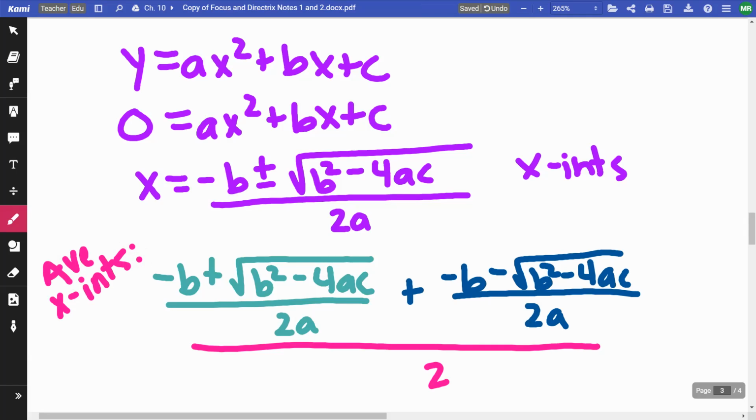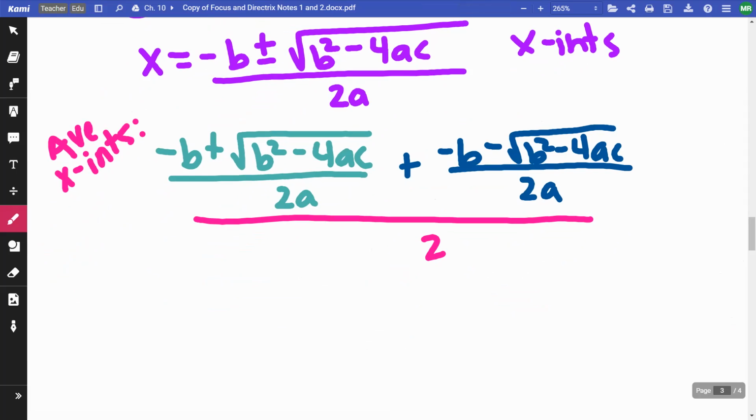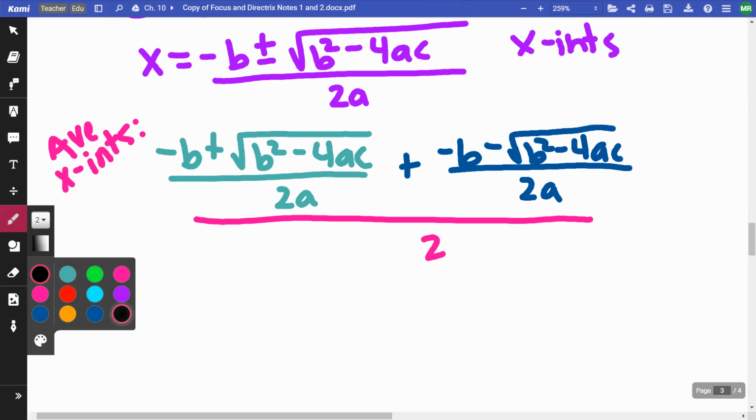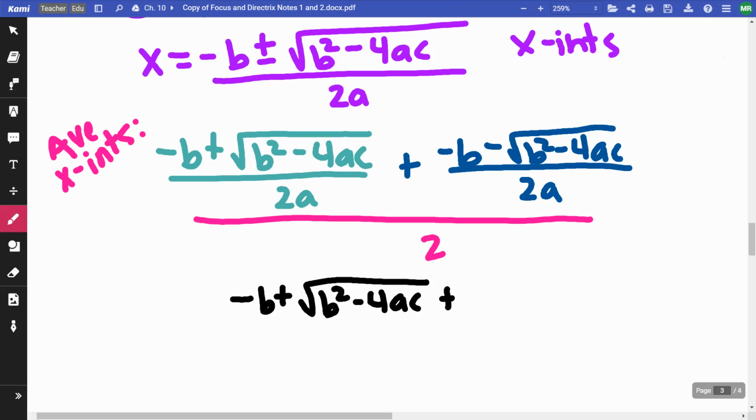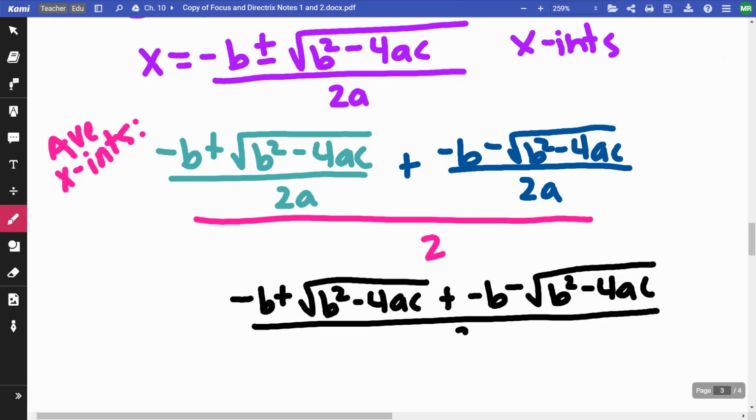Now that doesn't look very nice, but since they're both over 2a, on the top I really could write negative b plus the square root of b squared minus 4ac plus negative b minus the square root of b squared minus 4ac, all over 2a.